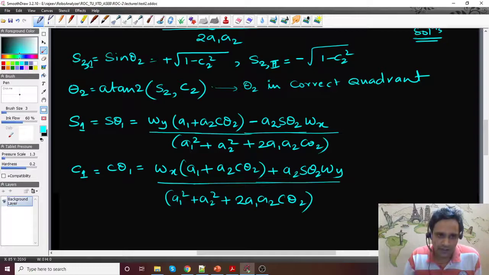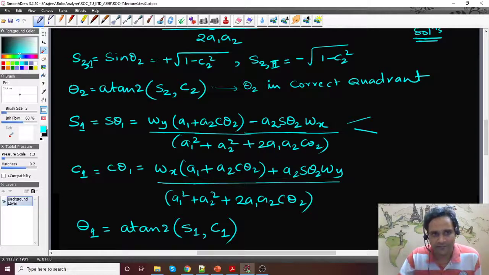Okay, so we now have two terms for cos theta 1 and sin theta 1, so obviously we can find the value of theta 1. Theta 1 will be atan2 of the y term, which is the sin term s1, and the cos term c1.